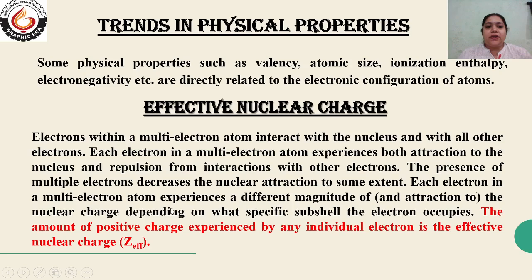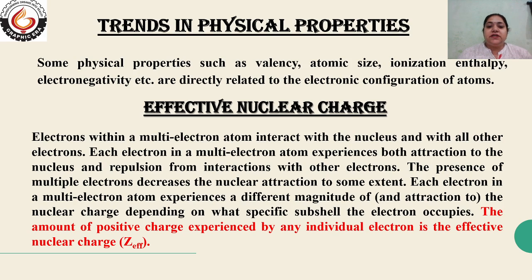Each electron in a multi-electron atom experiences a different magnitude of attraction to the nuclear charge depending on which subshell the electron occupies. That means if the electron is in the first shell, it will obviously feel more effective nuclear charge.